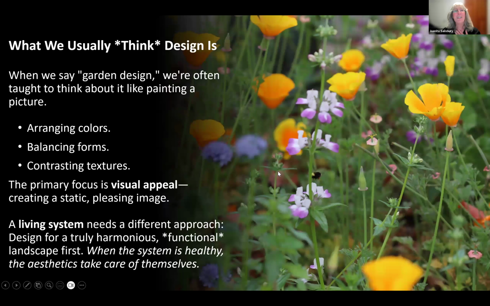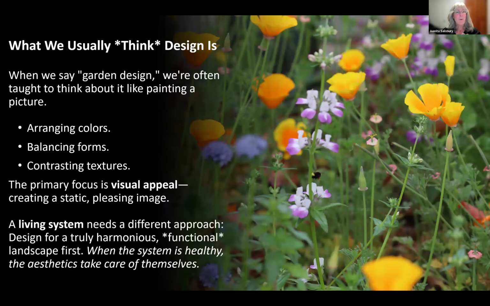So what we usually think design is, when we say garden design, we're often taught to think about it like we're painting a picture, arranging colors, balancing forms, contrasting textures. And the primary focus is on the visual appeal. How does it look? And that creates a static, pleasing image. But a living system needs a different approach.